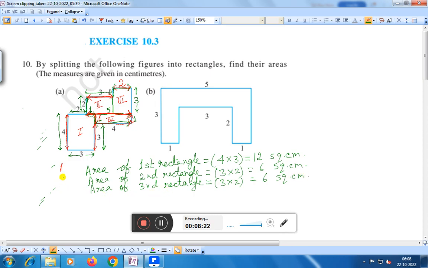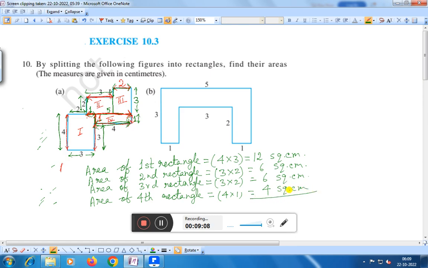Right? And the next one is area of fourth rectangle. The area of fourth rectangle is equal to, this one you see, the length is 4, right, and breadth is 1, that is 4 into 1, and that is equal to 4 square centimeter.